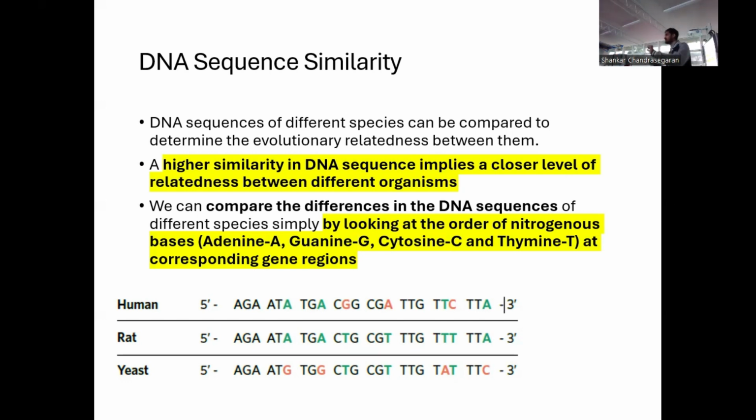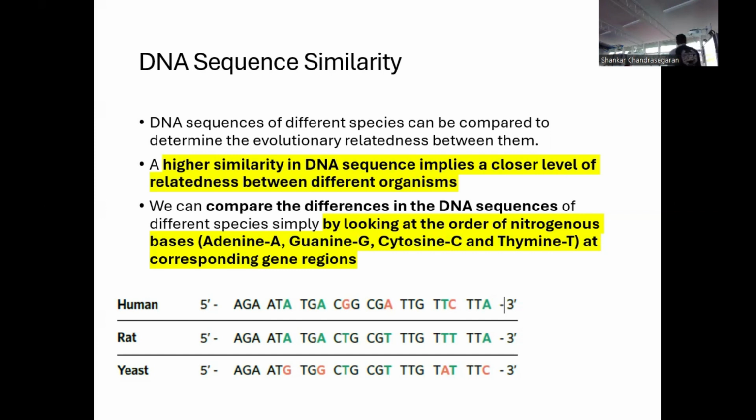Their amino acid sequences might look very similar, but in the end, their DNA sequences will show a lot of divergence from each other, right? So when we look at this, the higher the similarity of DNA sequences, the closer the level of relatedness we can say between those different organisms.